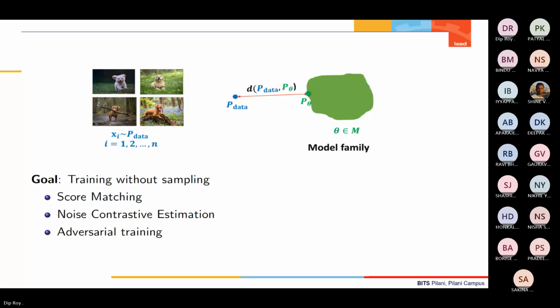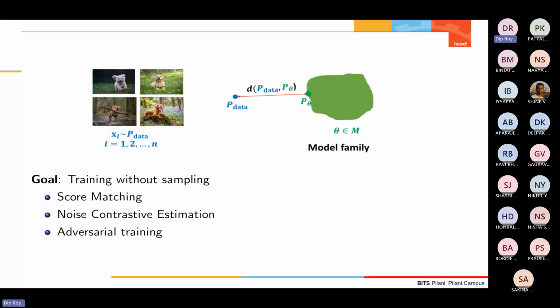Now, is there a goal that we can find which will not involve sampling? If we are able to not sample from the model, then our problem is solved.